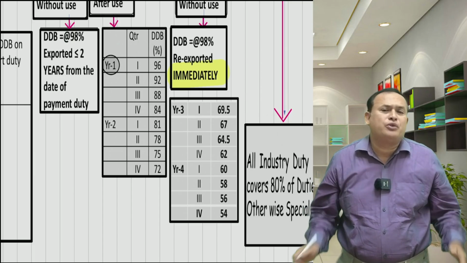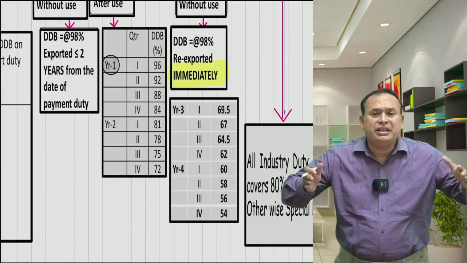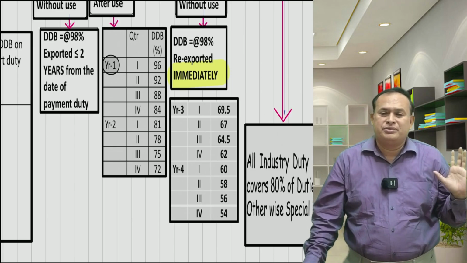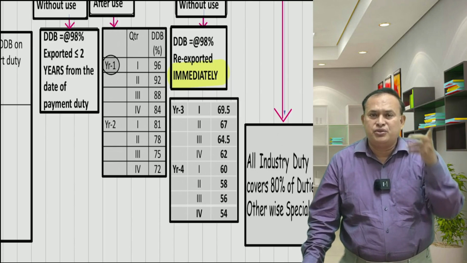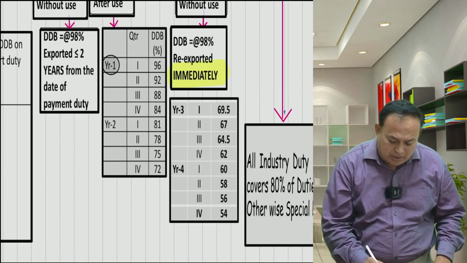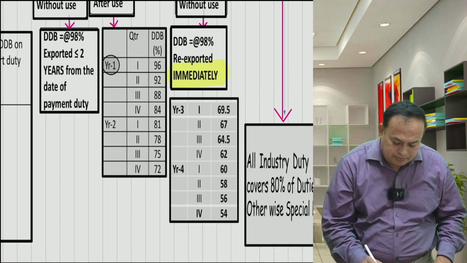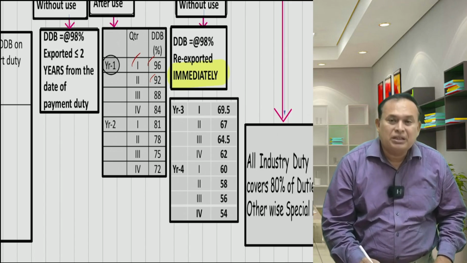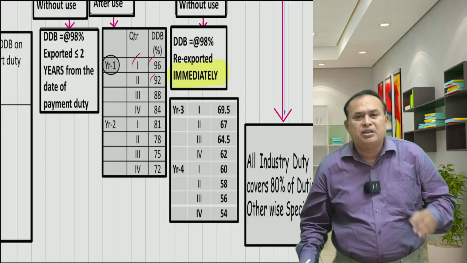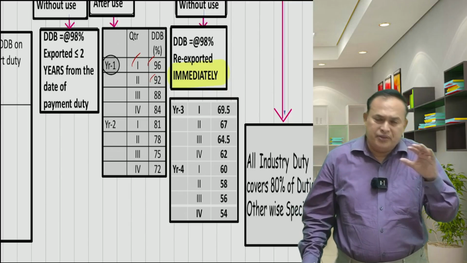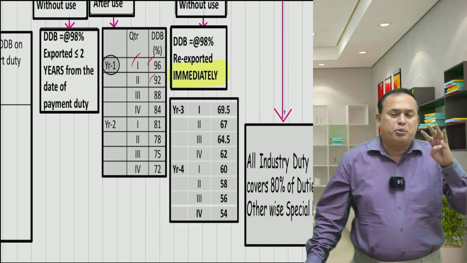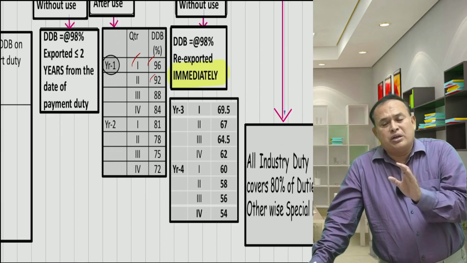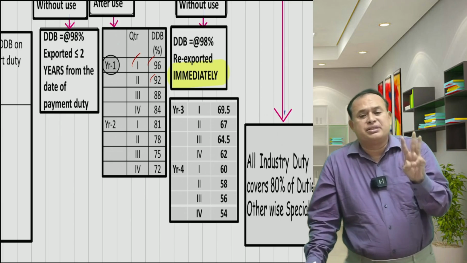1 year means 4 quarters. First 1 year, 4% reduction. 100 minus 4, 96: first quarter, 96. Second quarter, 92, 4% reduction. First 4 quarters of the first year, 4% reduction. Second year, for 4 quarters, 3% reduction.